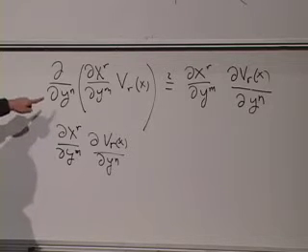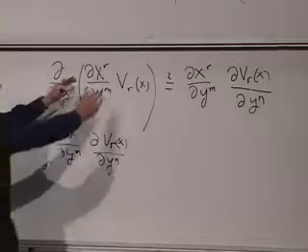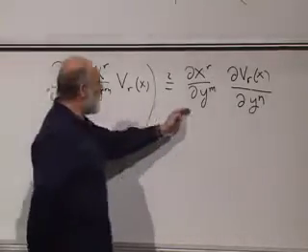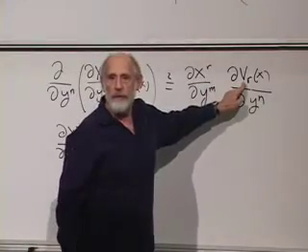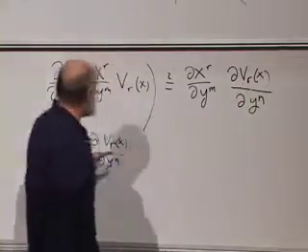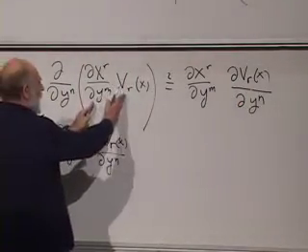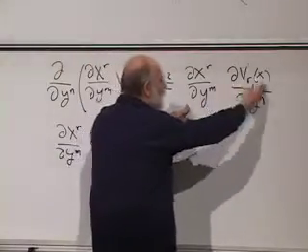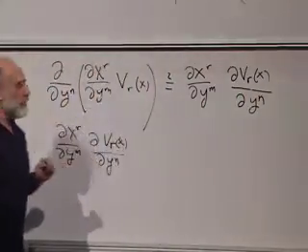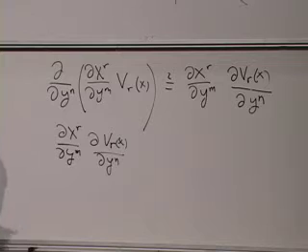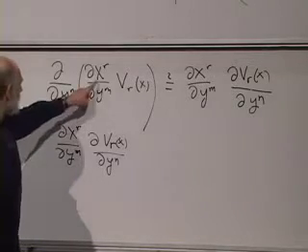Here the derivative is outside the product. Here the derivative only acts on the v. Look at the difference. Here we have the derivative with respect to y of a product. Here we have a product of two derivatives. Not the same thing. Who asked the question? I did. Are you happy? Yes. Okay, good. All right, so now we work this out.